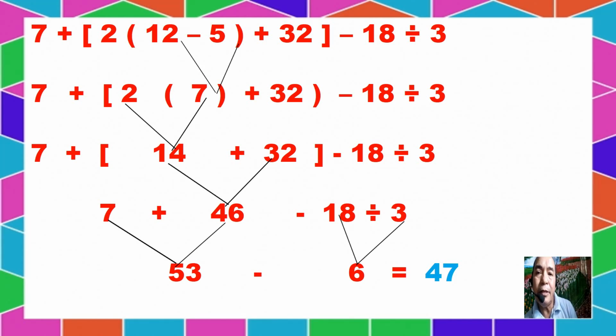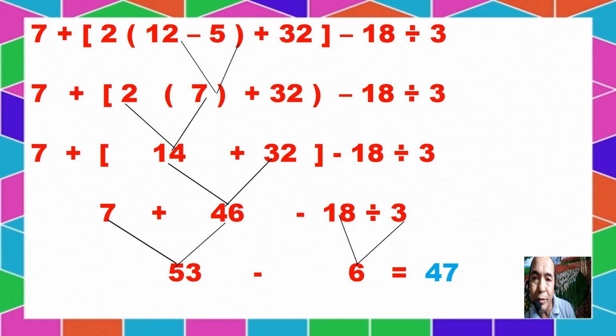So, the remaining grouping is now the braces. We have 14 plus 32. We will perform it because we still have the grouping. So, 14 plus 32 will give us 46. The remaining operation will now be 7 plus 46 minus 18 divided by 3.